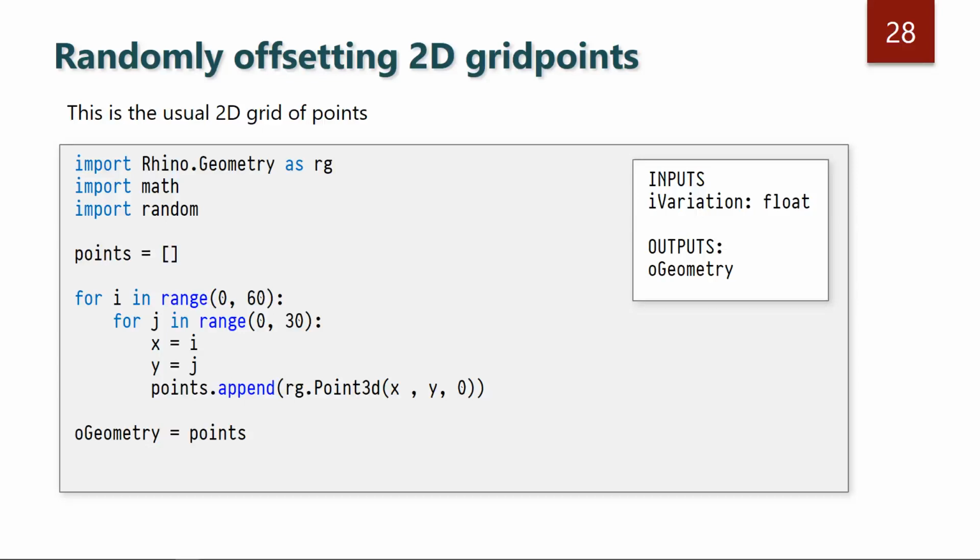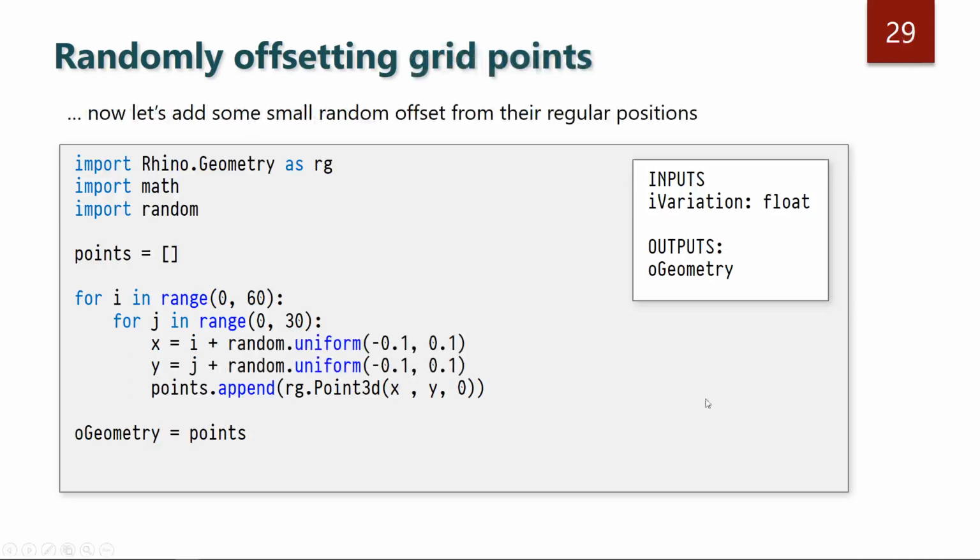So everything was completely random. But here we take a slightly different approach. We start from a completely orderly grid. So x equals i, y equals j, no randomness there. And now here we add the random modification. From the fixed coordinates i and j, the orderly position i and j, we're going to add a small random uniform offset, a random offset between minus 0.1 and 0.1, and same with j.